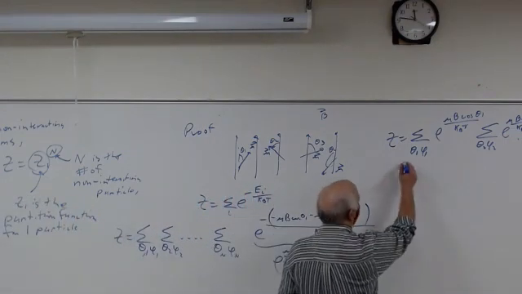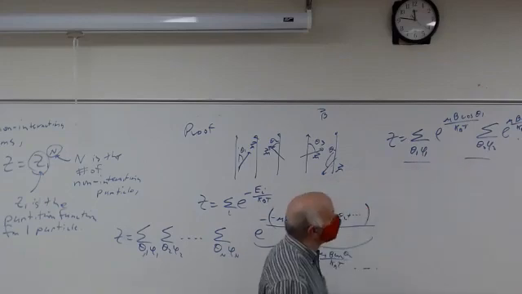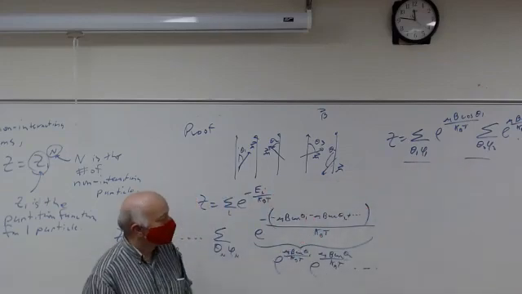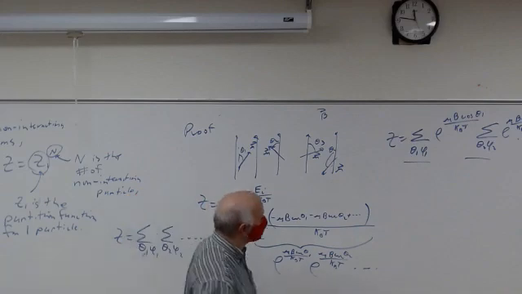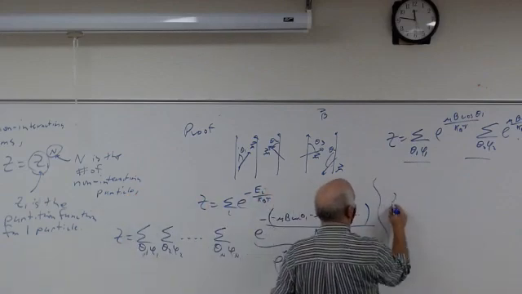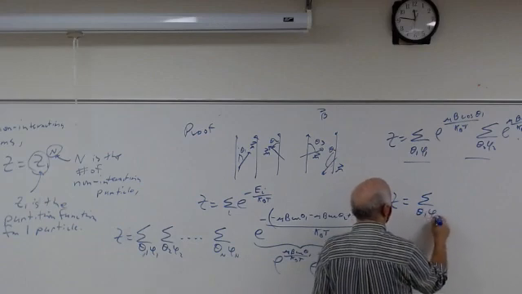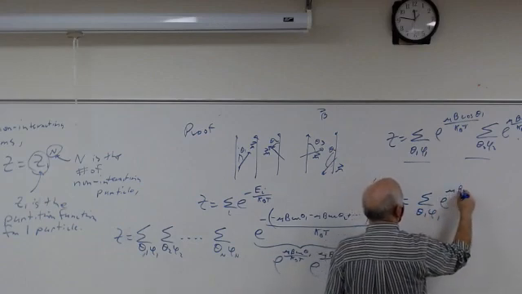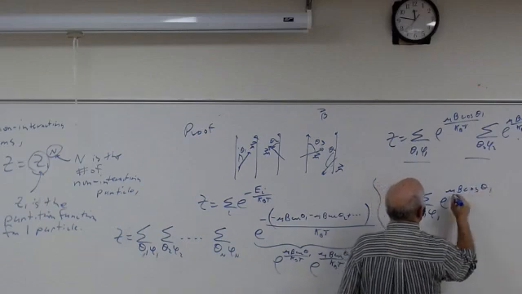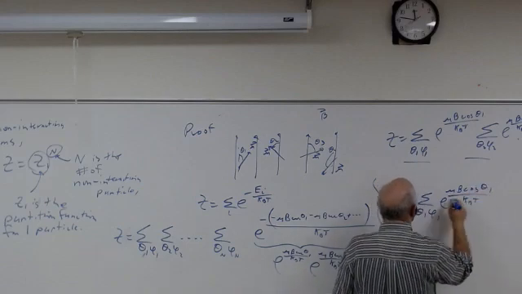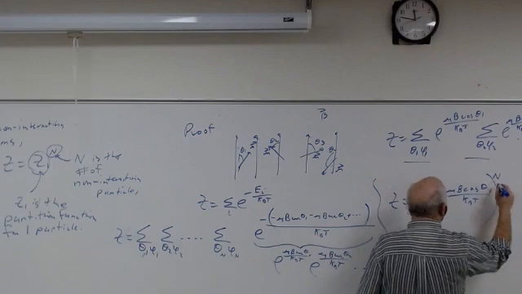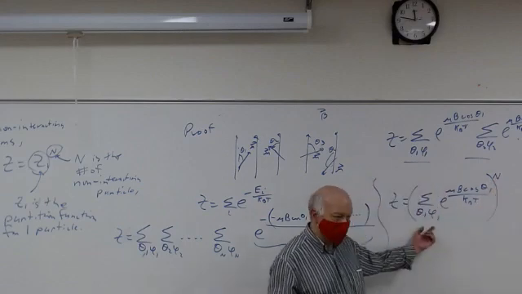So how does this term and this term and all these terms compare? They're the same. So this is going to be Z. It's going to be just the sum over theta 1 phi 1 of e to the mu B cosine of theta 1, all raised to the N power. So this is nothing but Z1.